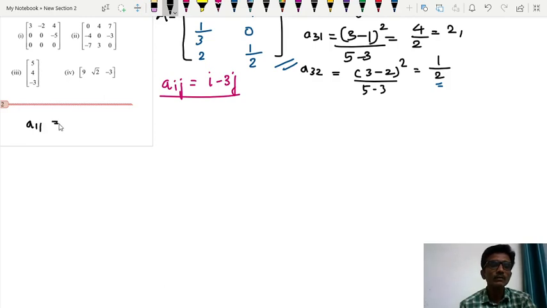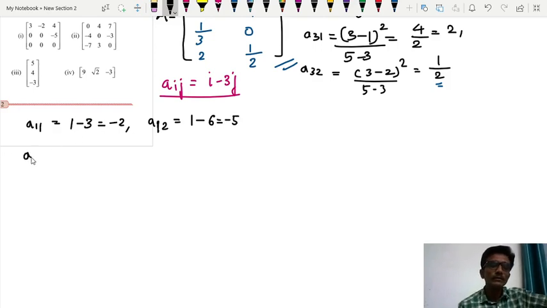A11, i is equal to 1 and j is equal to 1, so 1 minus 3, minus 2. Then A12 is equal to, i is 1 and j is 2, that is 6, which is minus 5.